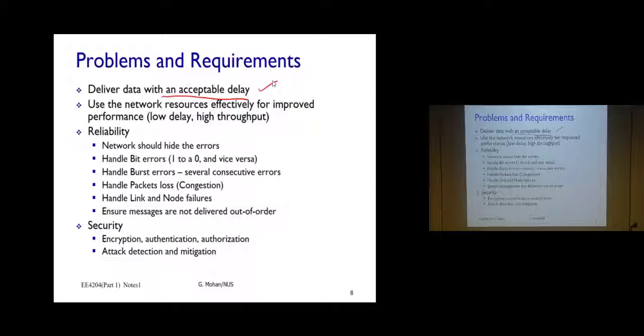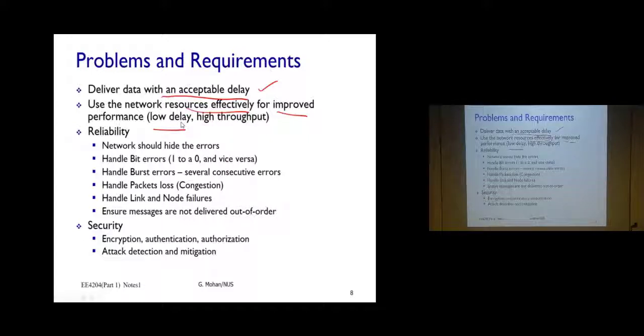Similarly, how can we use the network resources efficiently? The network provider or service provider would be interested in using some techniques or protocols to use the resources effectively, for improved performance. That means the delay should be low.